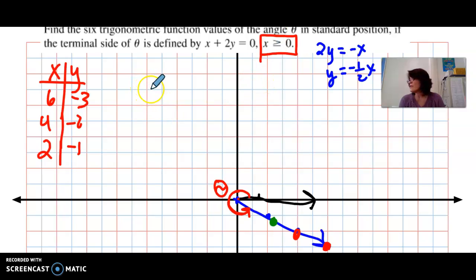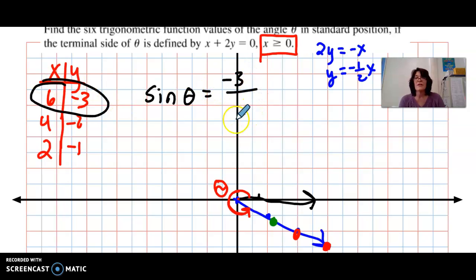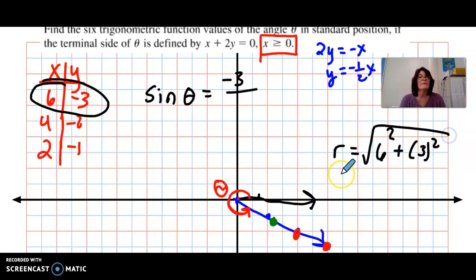So let's start. We were supposed to find sine of theta. Well, I'm using this, so it's going to be the y coordinate. I forgot to find r. Let's see. My r is going to be x squared plus y squared, and I'm going to take the square root of it. So my r is the square root of 36 plus 9. That's the square root of 45.